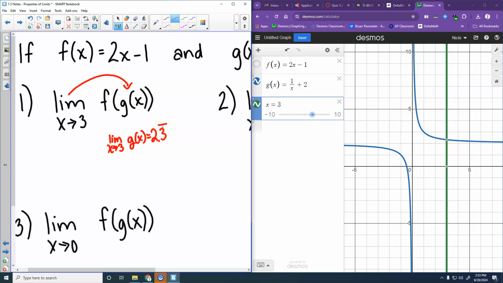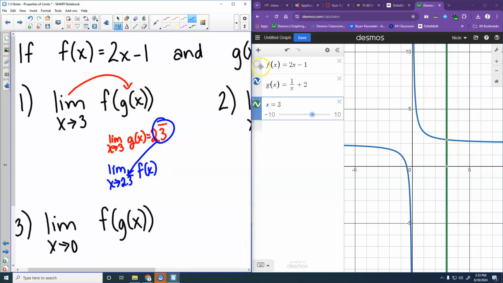So what we'll be doing now is the limit as x approaches 2.3 repeating of our f of x, right? Because this value right here now is getting plugged in here for this. So whatever you get when you do the inside, it's the value you're approaching over here, which most of the time is just f of that value.